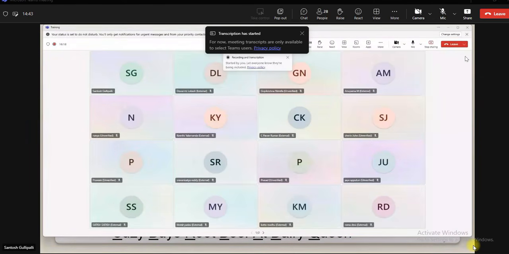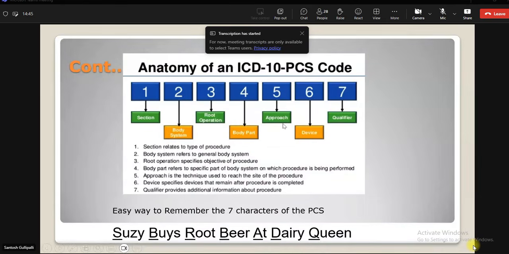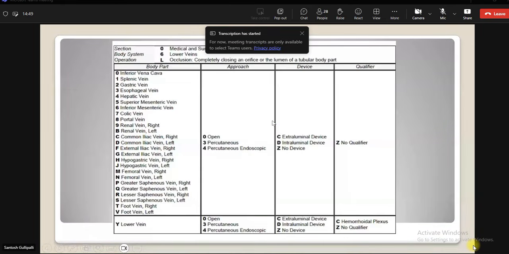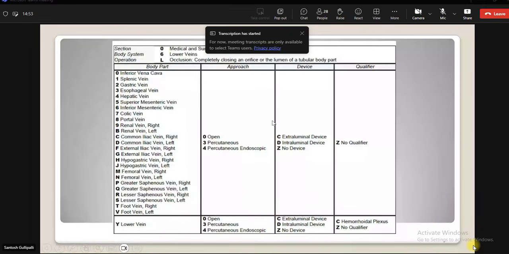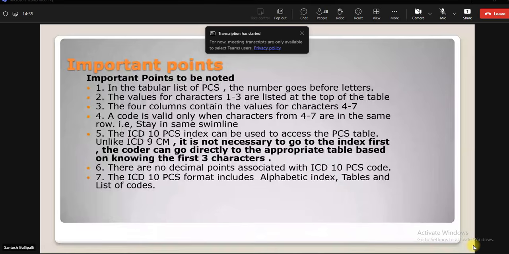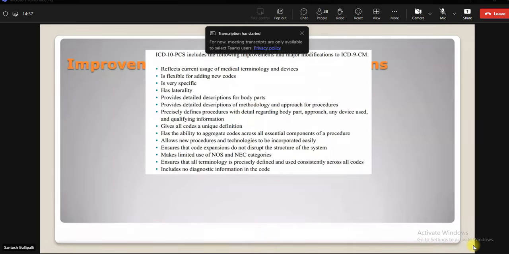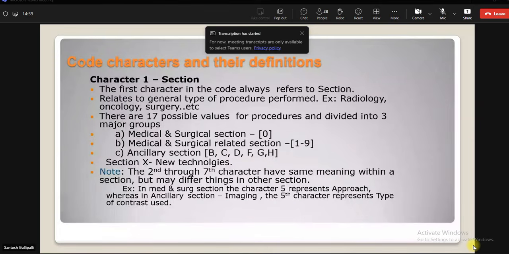So the first character is section. There are a total of 17 sections in PCS coding. These are all the 17 sections with possible character values.